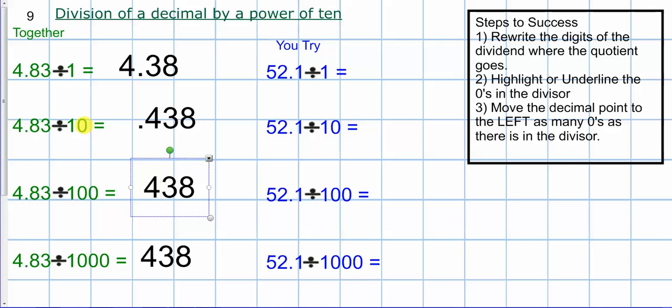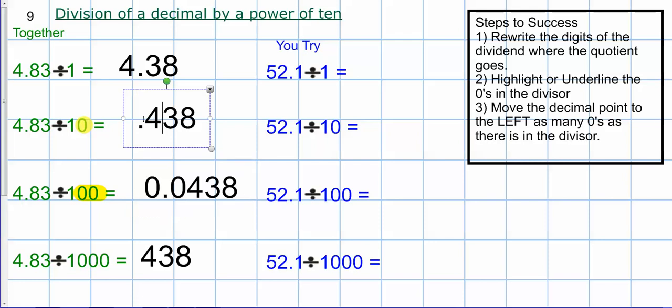Again, I have to highlight the zeros. There are 2 zeros here. So now I need to move the decimal point. How many times? 1, 2. And then I put my decimal point. Now, I can put a 0 in front if you want. That's up to you, it's personal preference.